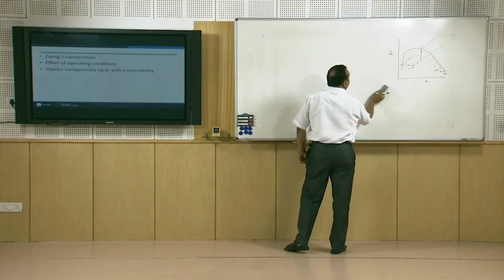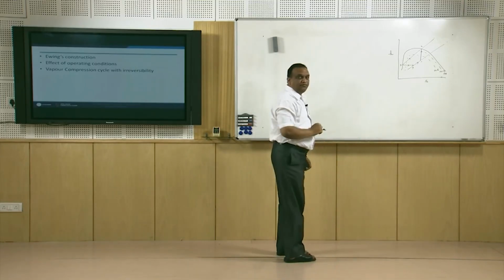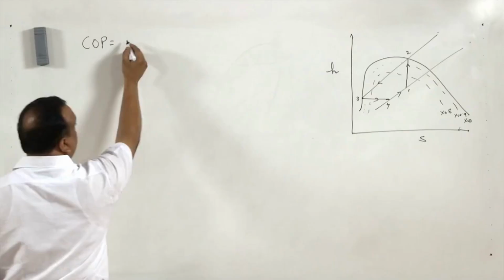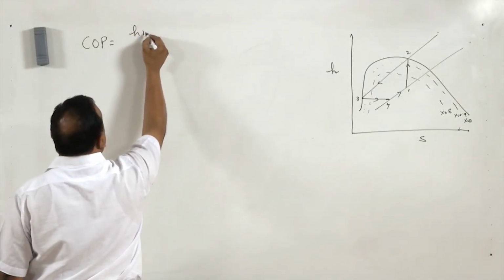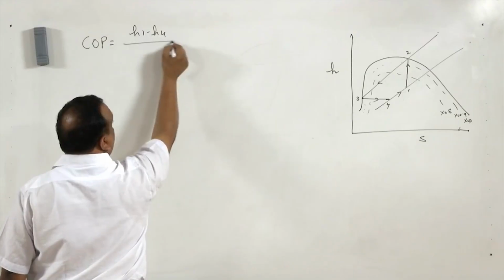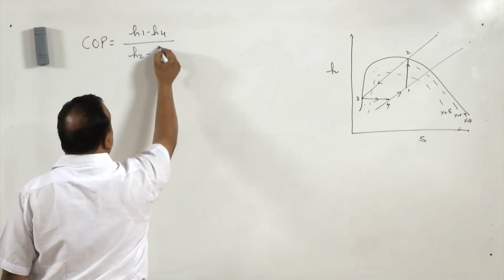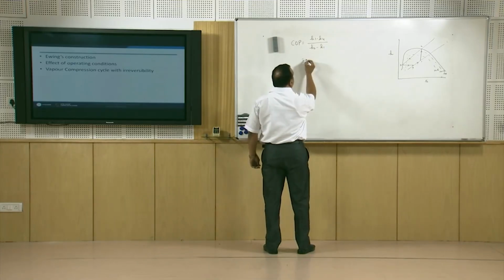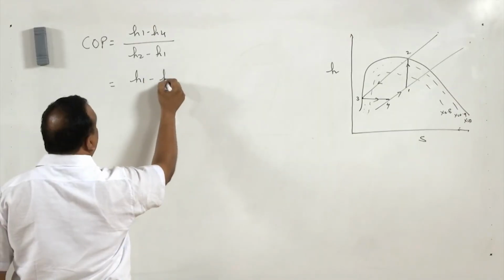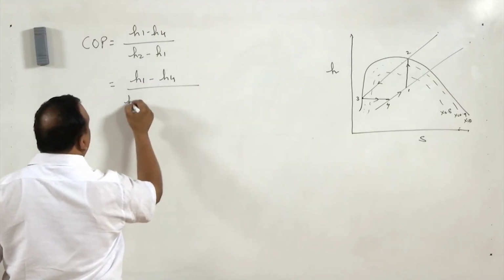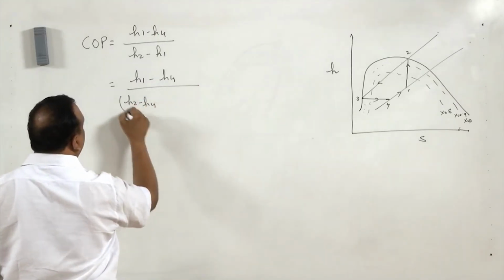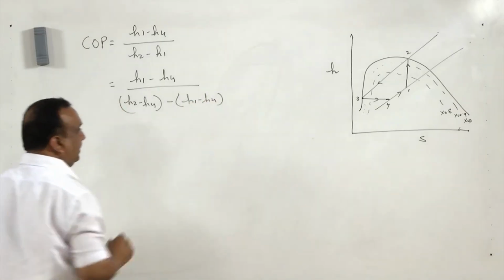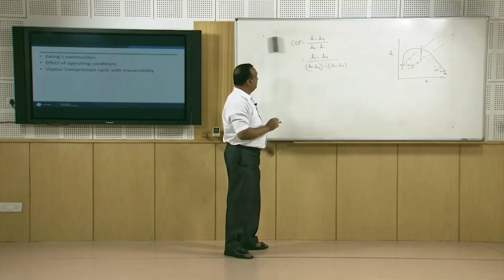Now, in this enthalpy entropy diagram, if I want to find the COP of the system, then the COP will remain the same, that is refrigerating effect H1 minus H4 divided by work consumed by the compressor. Now, we can do further manipulation in this equation, and we can further write it as H1 minus H4 divided by H2 minus H4 minus H1 minus H4. Both equations are same.